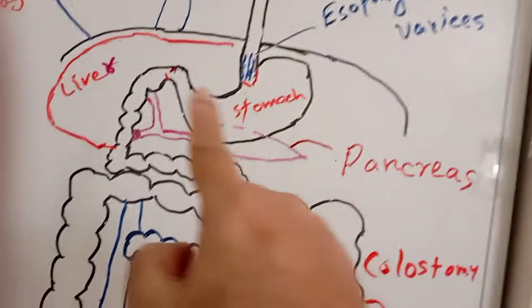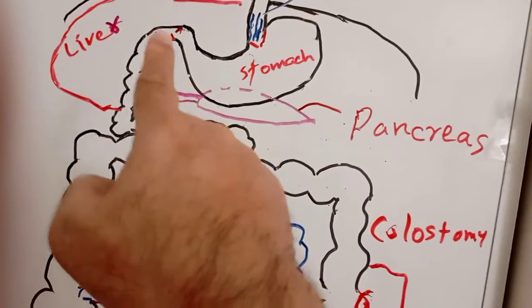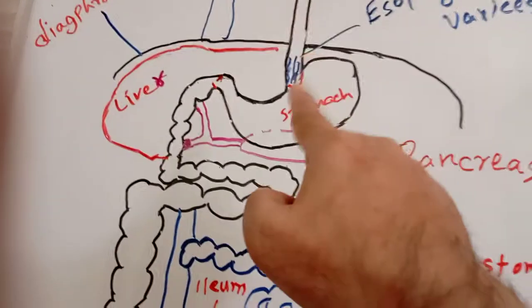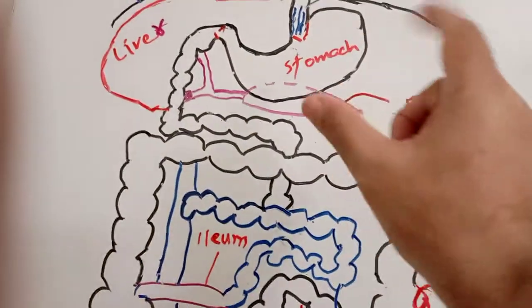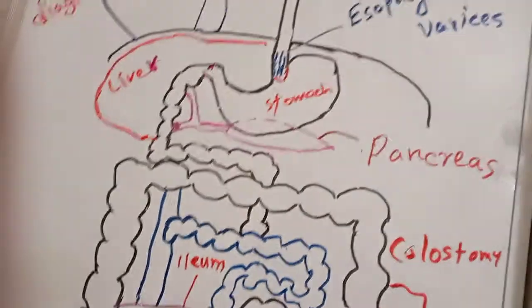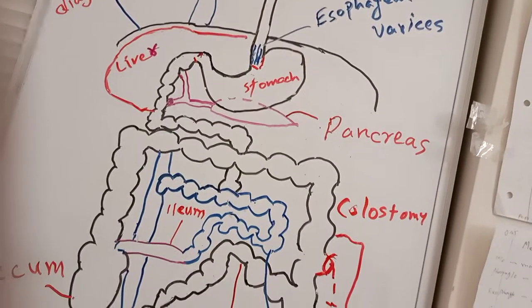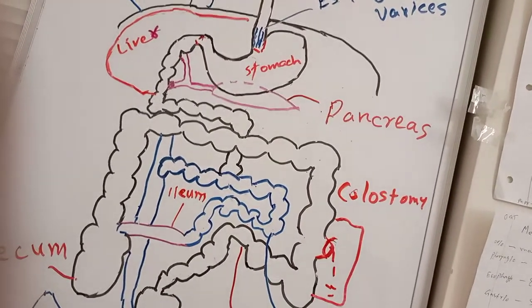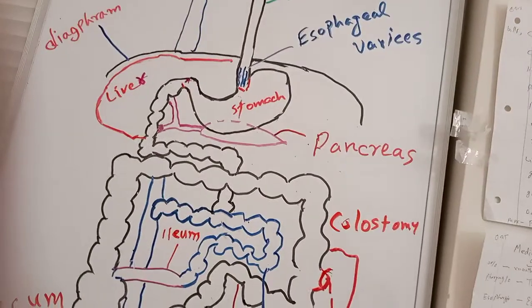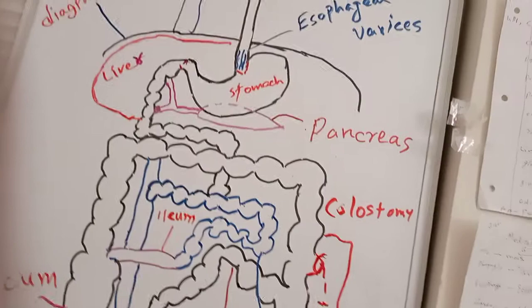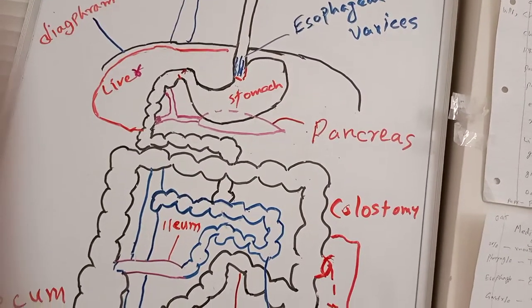When blood is not going through the liver, there is back pressure, and due to back pressure these veins in the esophagus dilate. Their valves break. When they bleed excessively, it can be fatal even.